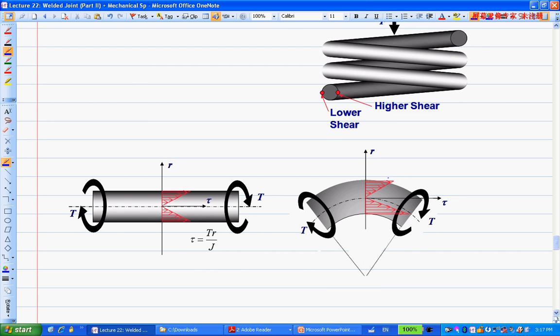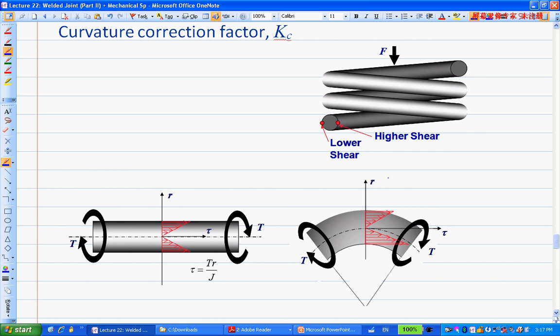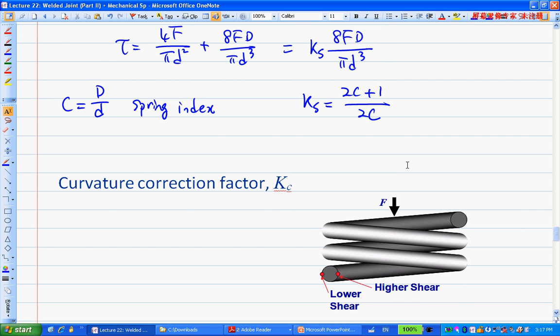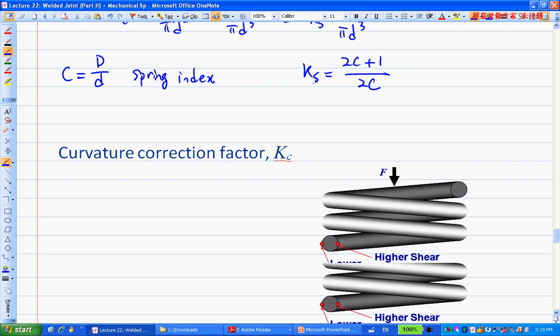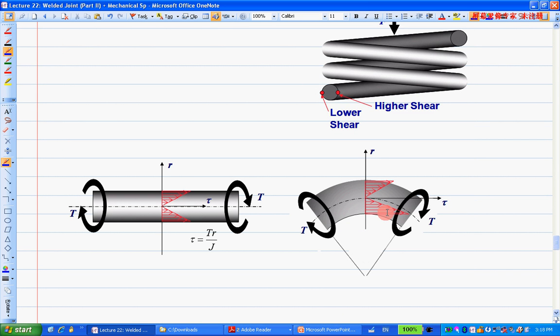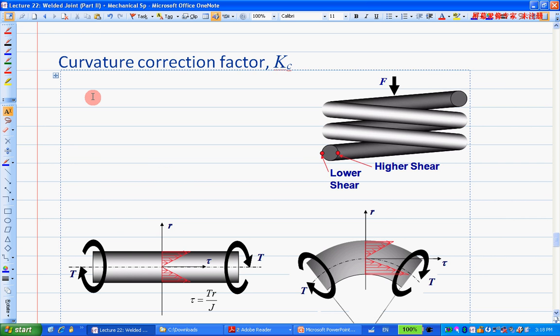Okay, so what we do is there is a whole bunch of research here to modify this formula, okay, to modify the formula, better depicting the stress distribution on the curved wire here.